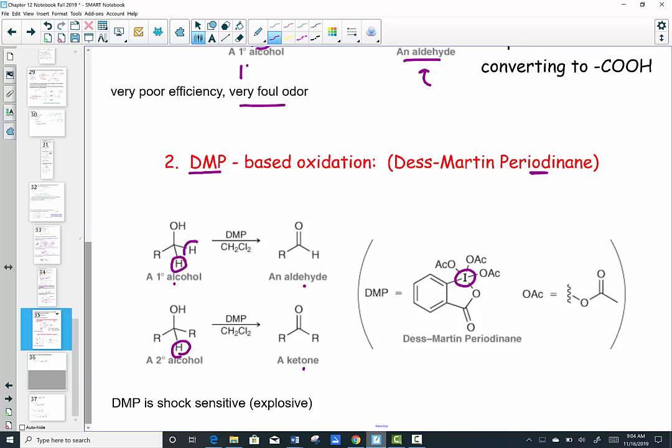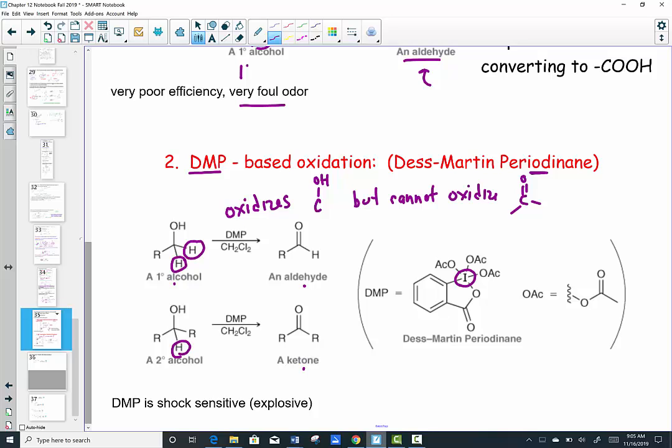Primary has 2 hydrogens available, but you still stop at the aldehyde. So it will oxidize the alcohol bond, but cannot oxidize a carbonyl bond. And that's true for the last 3 sets of reagents.